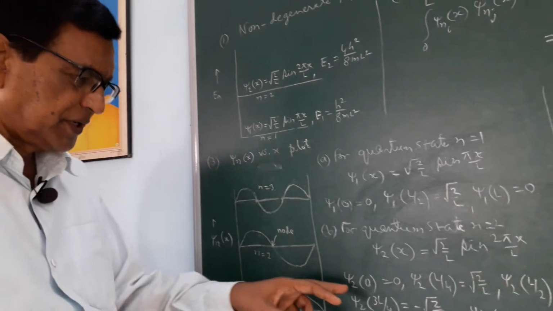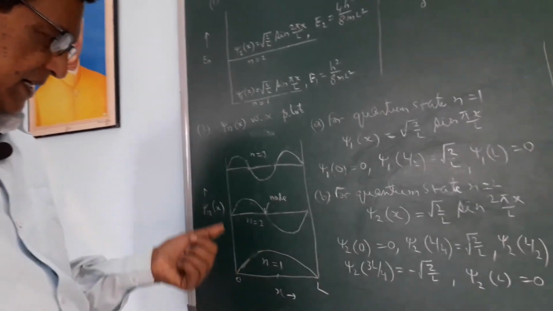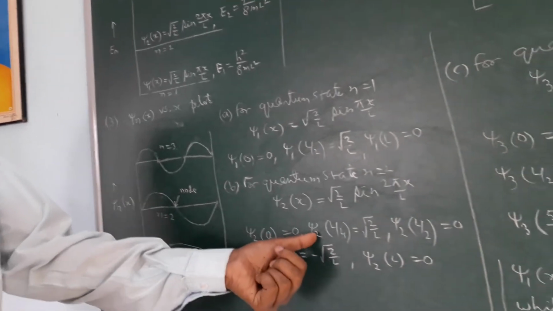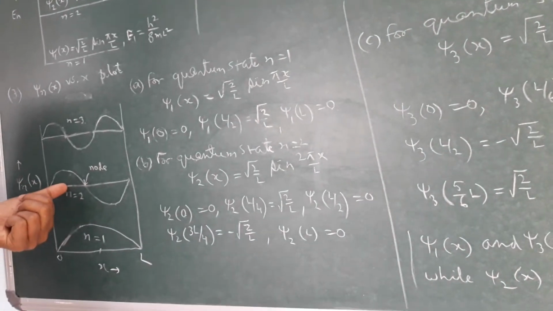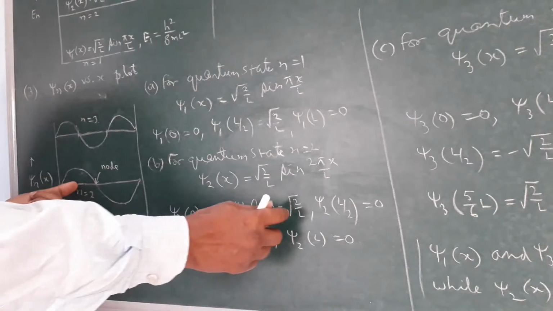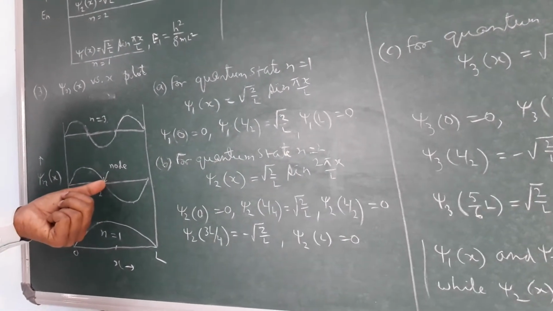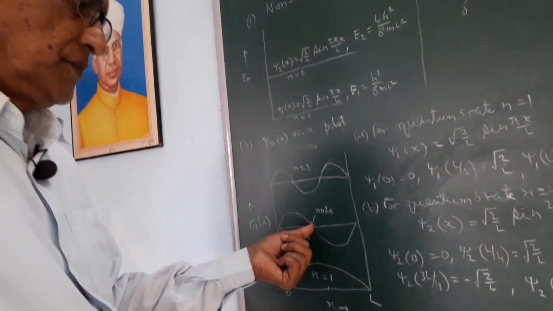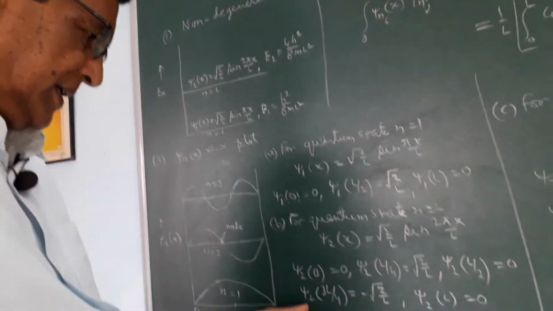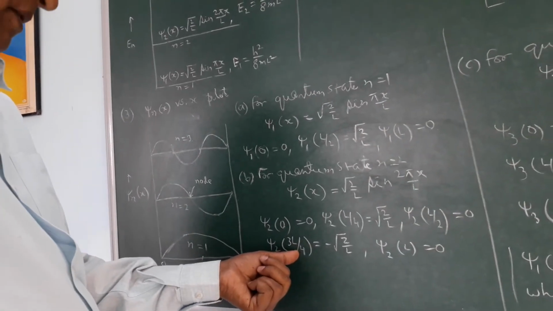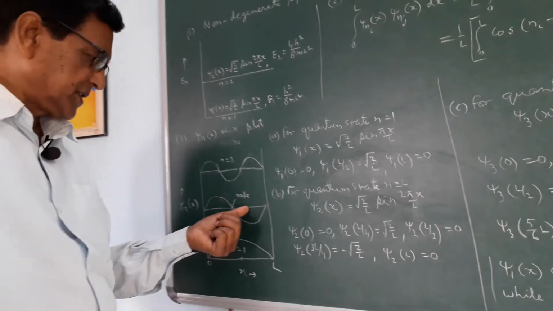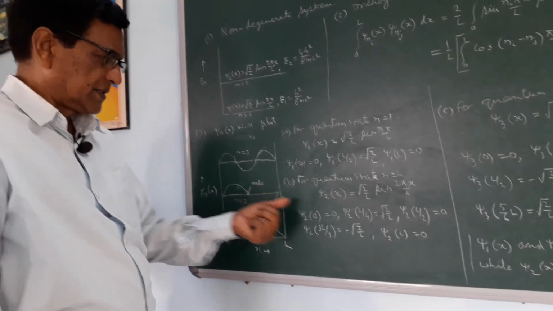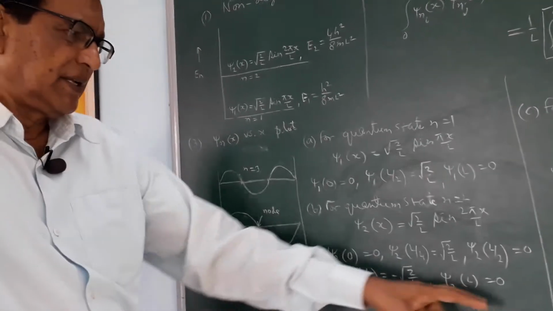Again, when x equal to 0, psi 2(0) is 0, and at L by 4 it is the maximum, root over 2 by L, and at L by 2 psi 2 equals 0. At 3L by 4 it is negative, root over 2 by L, the minimum value, and at L psi 2 is equal to 0.